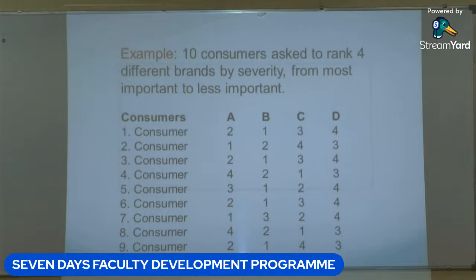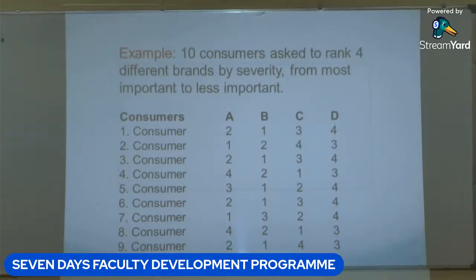For example, the first preference of the first consumer is towards B, the second one is A. That is, B is greater than A, greater than C, greater than D, and vice versa, or D is less than C, like that you can also write it. These are the preferences of the 10 consumers related to the 4 brands.